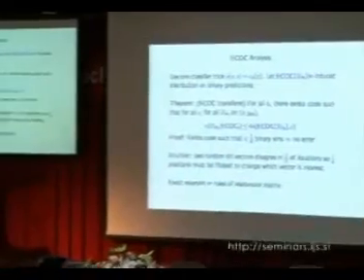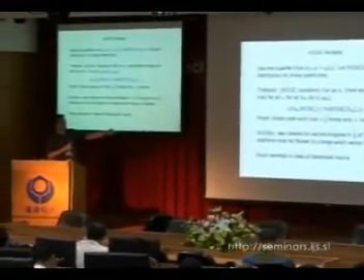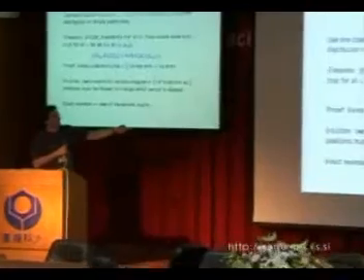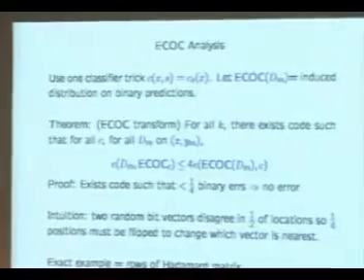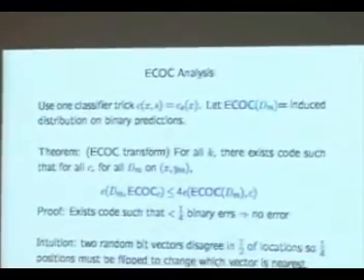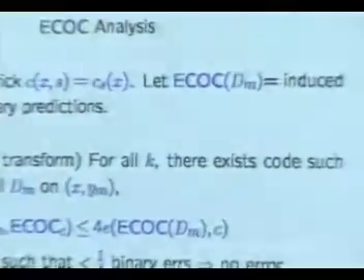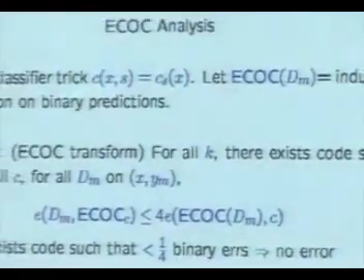We're going to take the subset of labels and embed it into the feature space. And we're going to define the classifier for subset S as just C of x comma S. And we're going to have ecoc of the multi-class distribution denote B, the binary distribution, which is induced for this classifier.